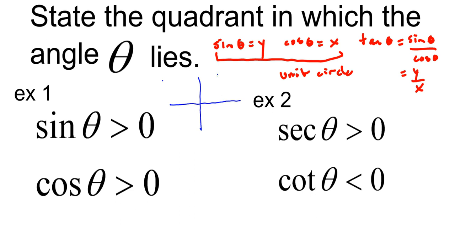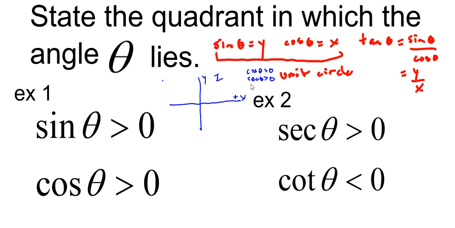So, for example, in the first quadrant, since cosine is x and sine is y, what do you notice about the x values in the first quadrant? Well, all the x values are positive. Therefore, cosine is positive, greater than 0 in the first quadrant. Because secant is the reciprocal of cosine, secant also has to be positive, greater than 0.